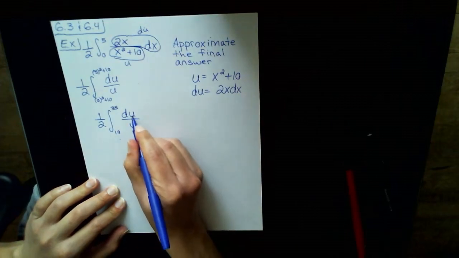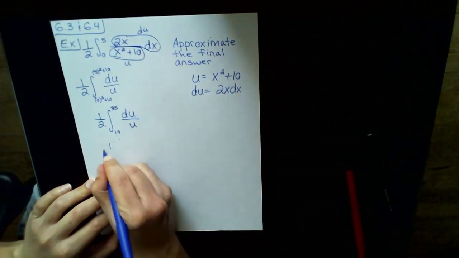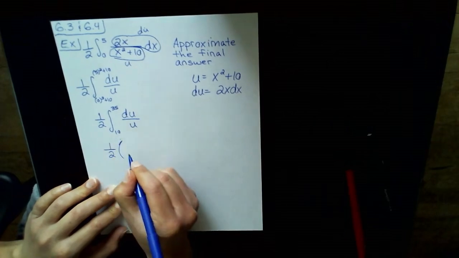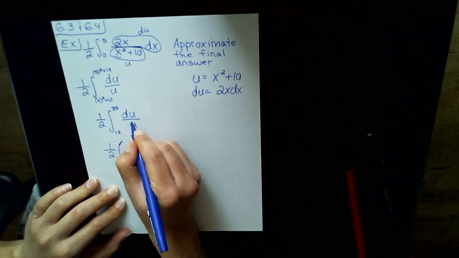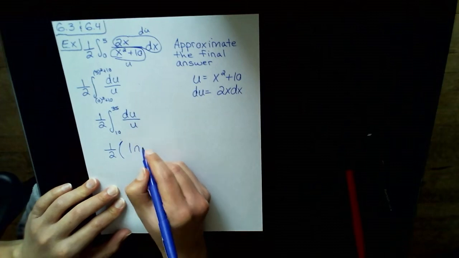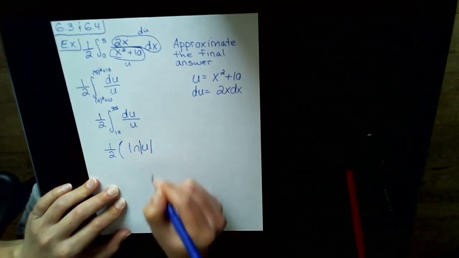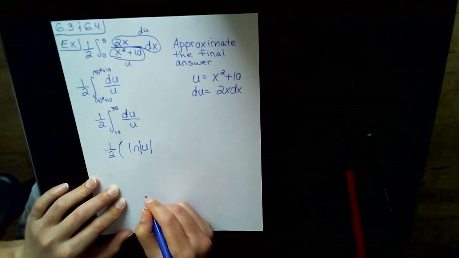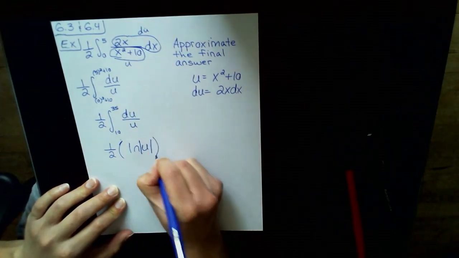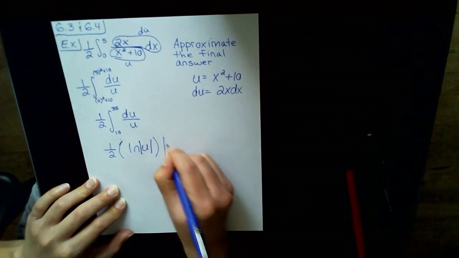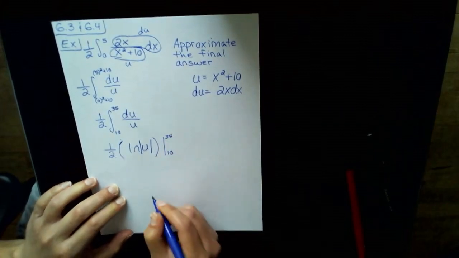When we integrate du over u, we have 1/2 times the natural log of u. But remember, we need the absolute values. And this is all from 10 to 35.